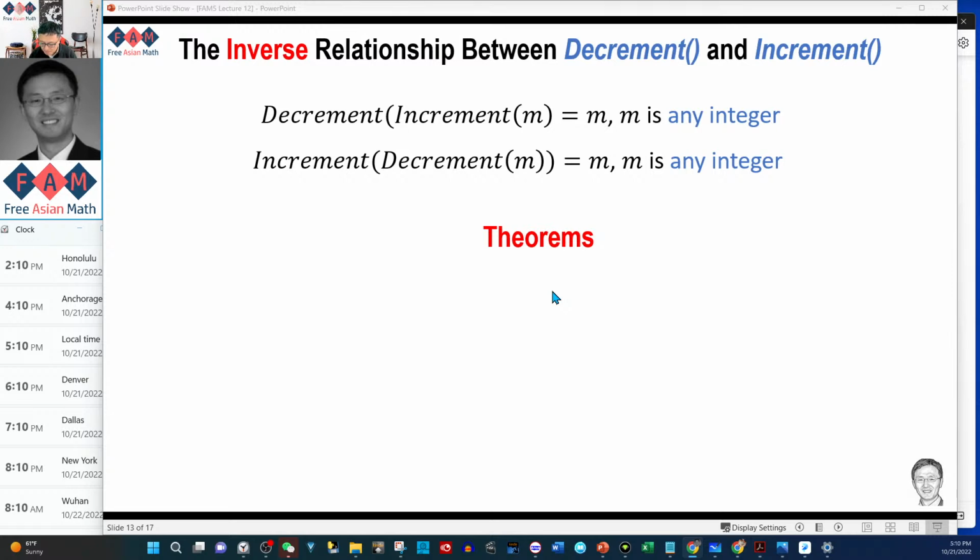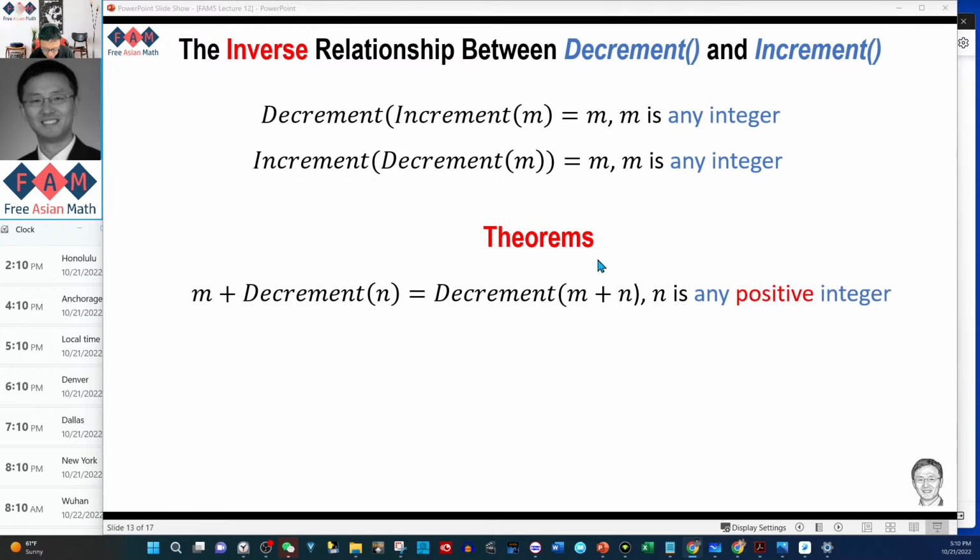Why is this important? Because this will give us two seemingly trivial but very important properties that will allow us to complete our definition of addition and subtraction on integers. So the first theorem is something like this. You have a number n, which is an integer, where n is any positive integer.